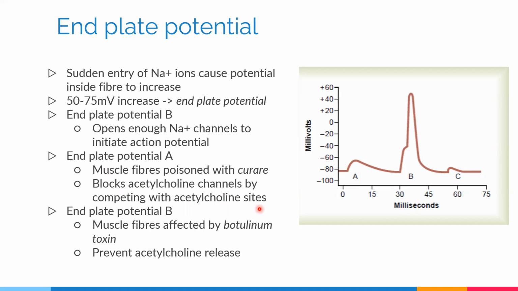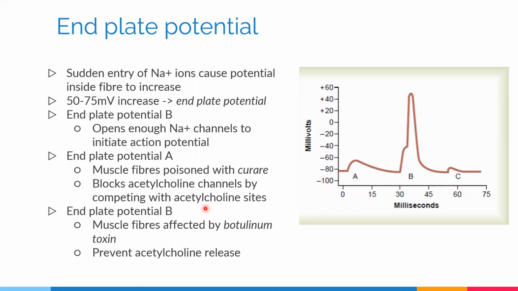The acetylcholine gated channels that we have seen are bound by curare, which prevents binding of acetylcholine to them. Such action will cause no muscle contraction even if nerve stimulation is present, and this is what we can see in end plate potential A.